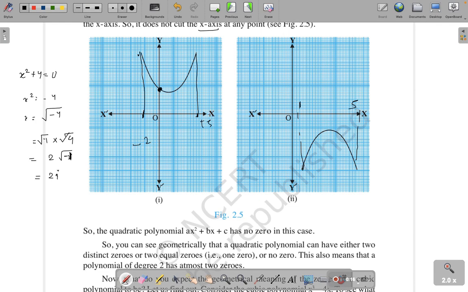So this becomes the real axis, this becomes the imaginary axis. All the imaginary numbers you can write in the form of, say, i, for example 3i, root 3 i, 7i. These are all imaginary numbers. If you see i, it means imaginary. Other than this, you won't have any imaginary number.